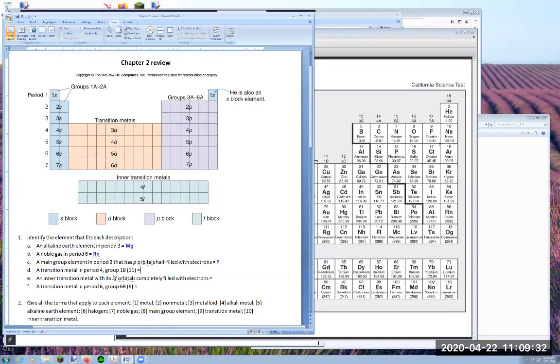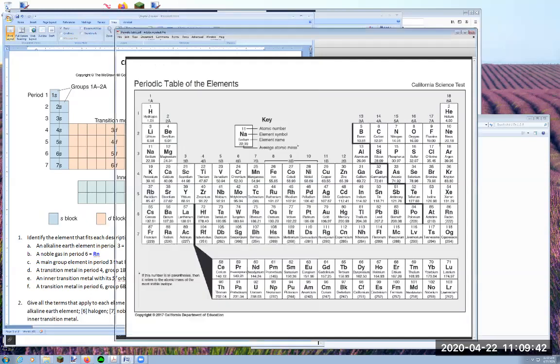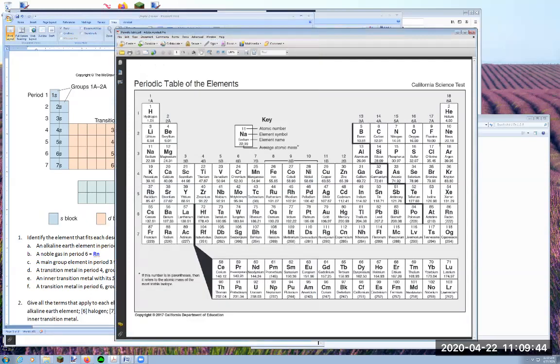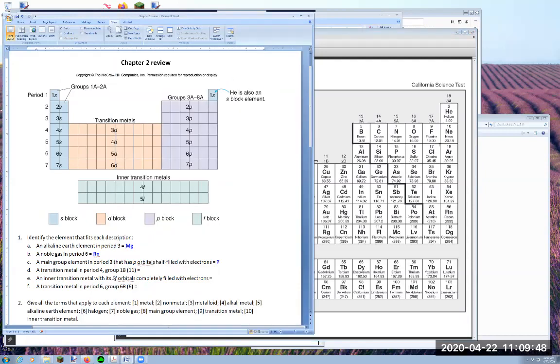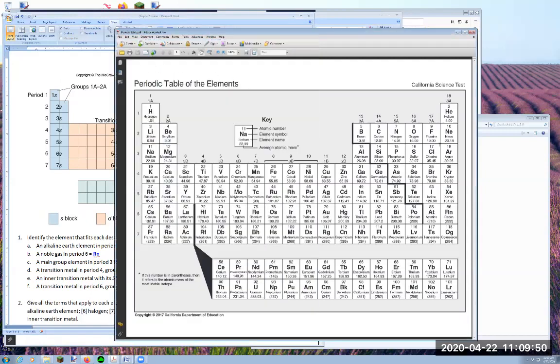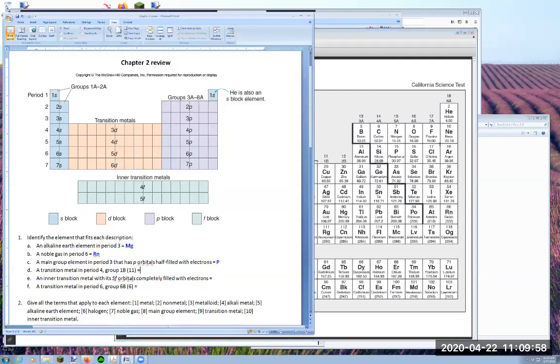All those B groups are called transition metals, and it's also called the d block. So it has to be in the d block, period 4, and group 1B. So from period 4 here, you go all the way to 1B or column 11, and that's Cu. Yes, Cu.